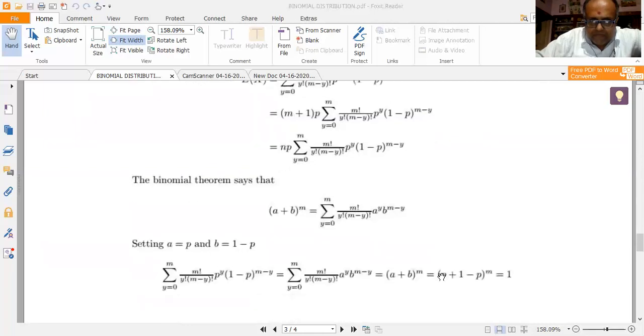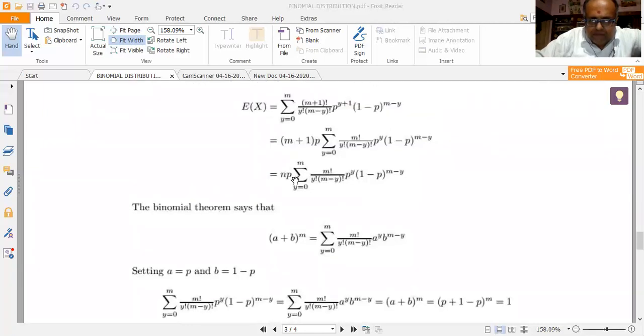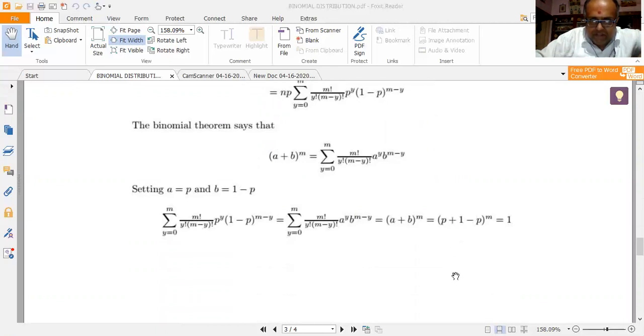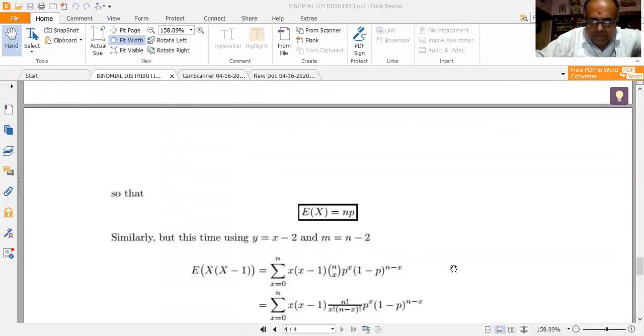So this is nothing but np into 1 plus p minus p whole to the power of m. Since a is equal to p and b is equal to 1 minus p, this is simply a plus b whole to the power of m, which is p plus 1 minus p whole to the power of m, which is equal to 1.